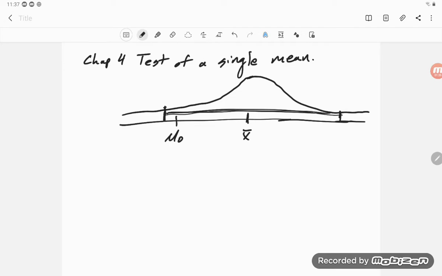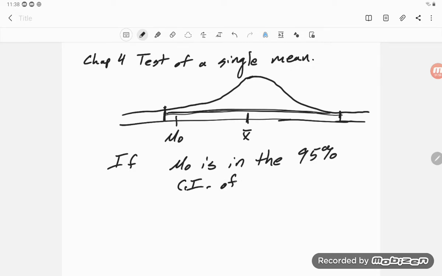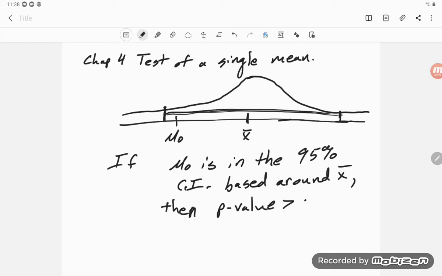So, if I get this situation, if mu zero, the hypothesized mean, is in the 95% confidence interval based around x bar, then what I do know is that my p-value, if I were to calculate it, is bigger than 0.05.